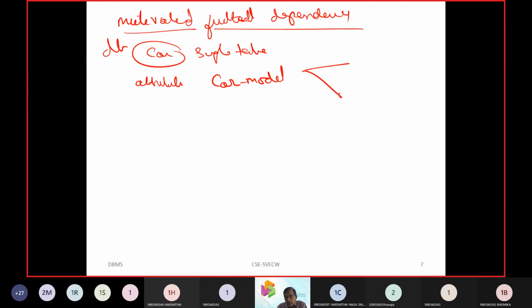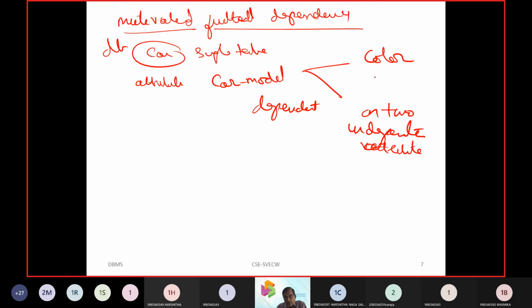This car model is going to be dependent on two independent attributes. What are the two independent values? One we call color, another we call manufacturing year.